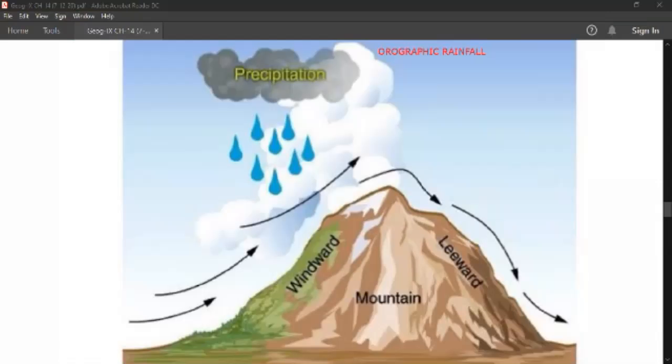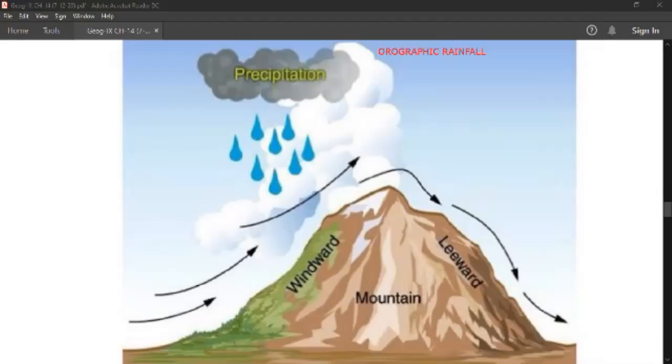The second type of rainfall is orographic rainfall. Orographic rainfall is also known as relief rainfall. It occurs from the cooling of warm, moist air which ascends above the mountain barrier lying in the direction of the prevailing winds.